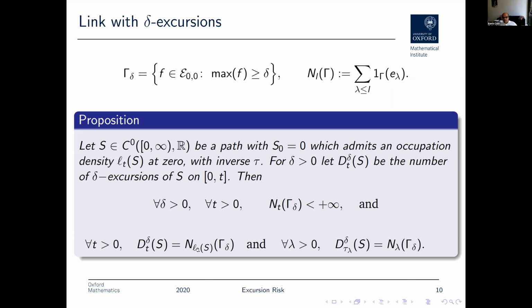And if you do the inverse time change, well, the inverse of L_t is tau. So you can write the same relation in another way, which is that the number of delta excursions up to not time t, but time tau lambda, being the inverse of the inverse local time, is equal to what we defined as the excursion point measure at local time lambda.